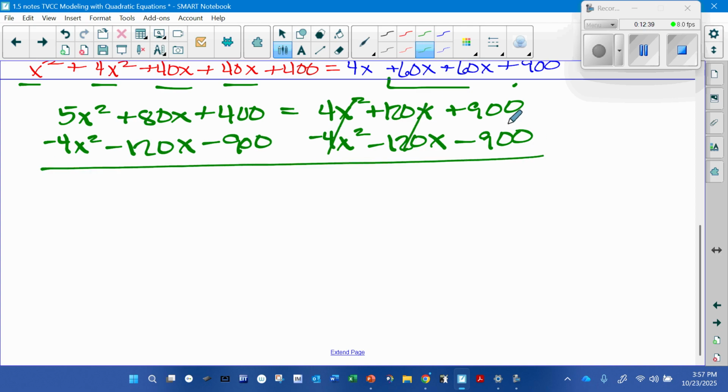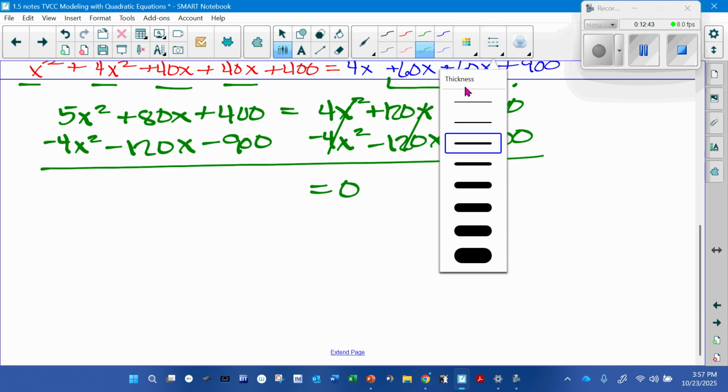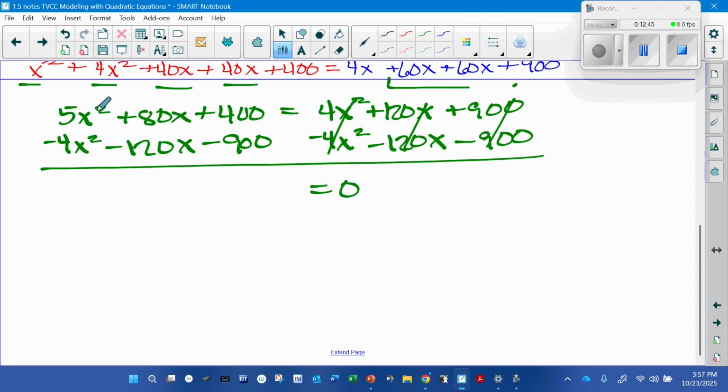So all of that cancels out, leaving me with 0. 5x squared minus 4x squared is x squared. Now I've got 80 minus 120, so that's negative 40x. And then 400 minus 900 is negative 500.